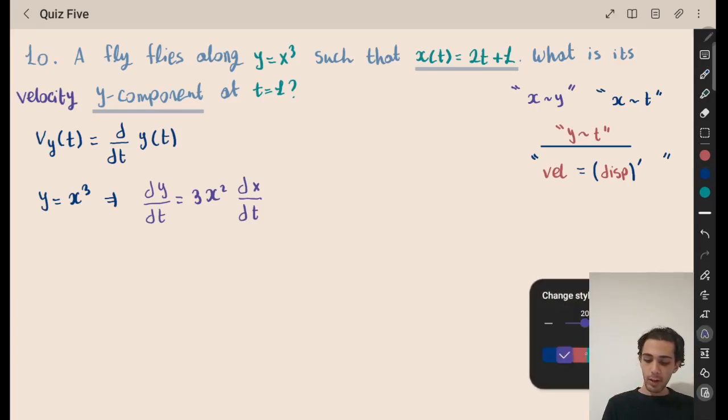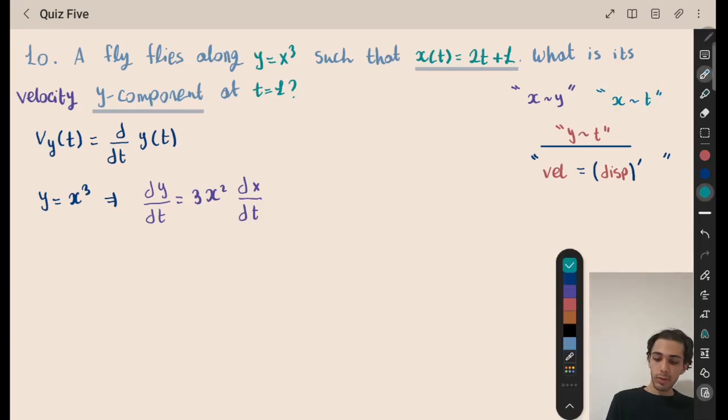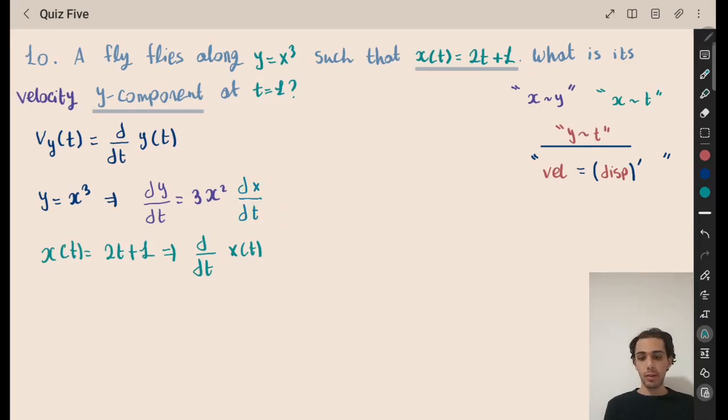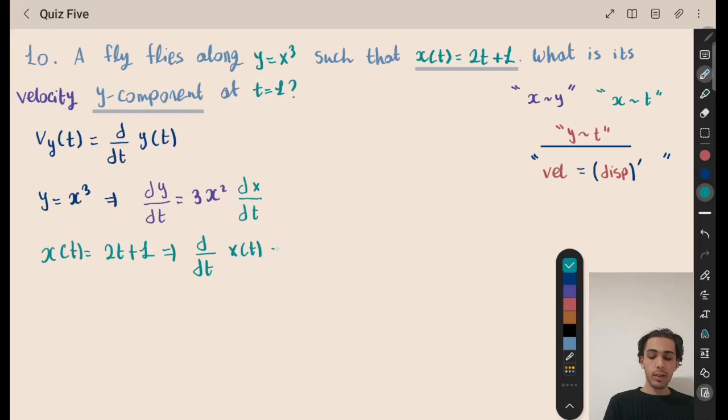I'll color this in green because if x of t is equal to 2t plus 1, then d/dt of x of t, which is actually dx/dt, same thing, is going to be equal to the derivative of 2t plus 1. And this is just 2. Okay, so it seems like everything is coming together now, which is good.